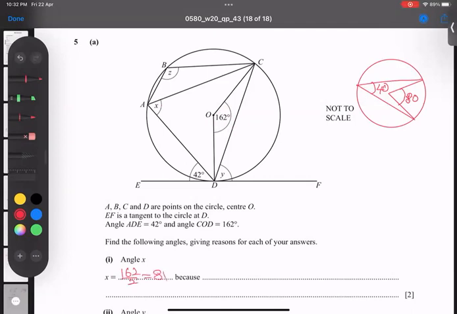I got 81. And what is the reason? How to write the answer? Angle at center is twice, or double, the angle at circumference.